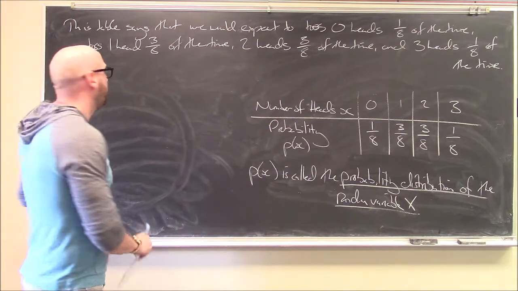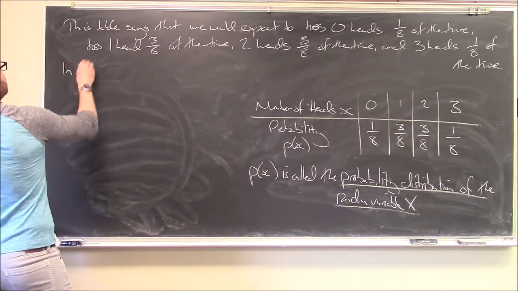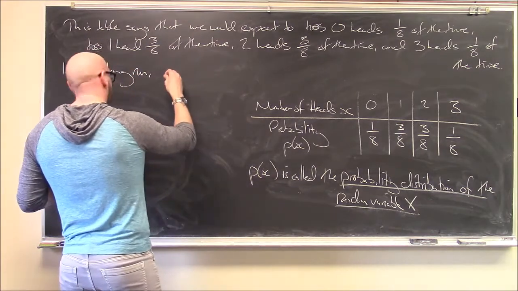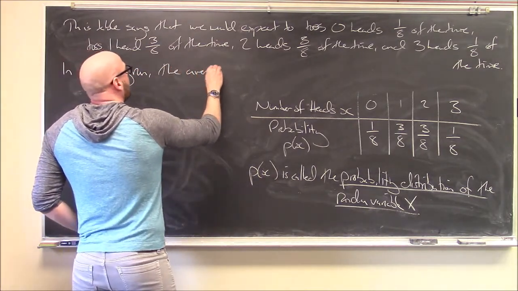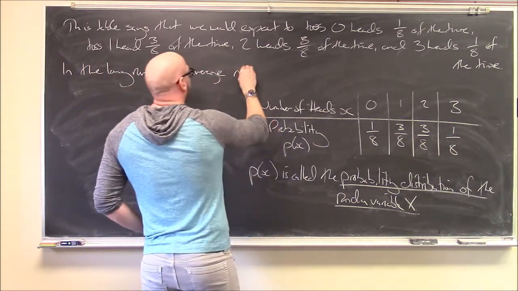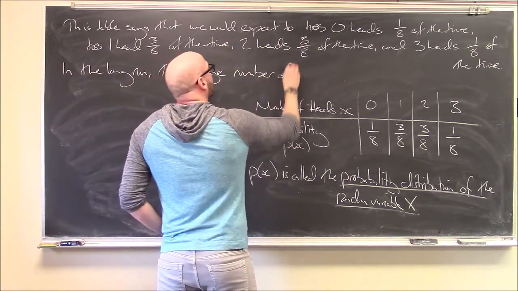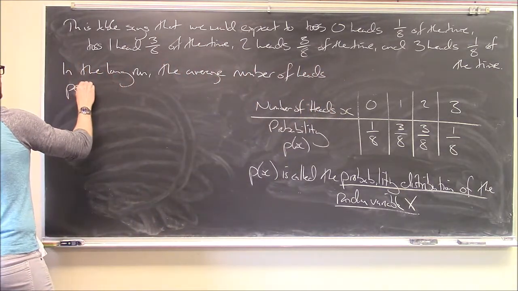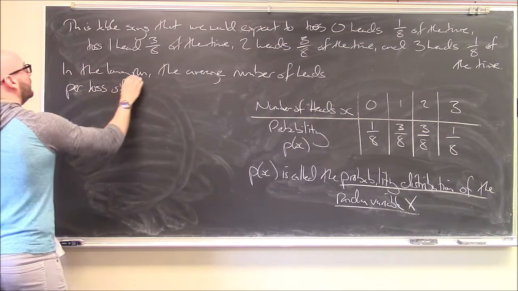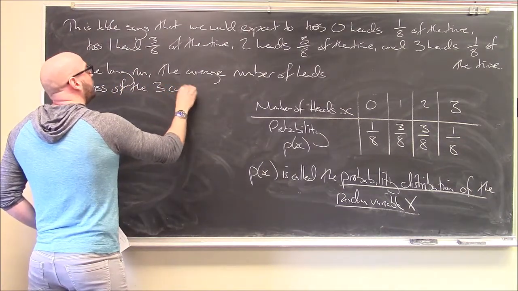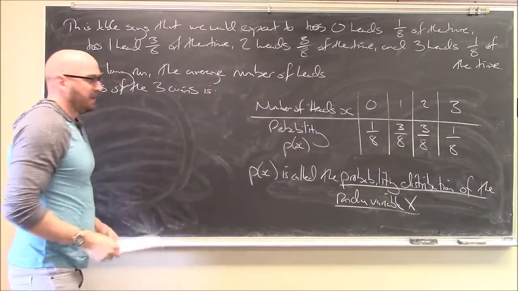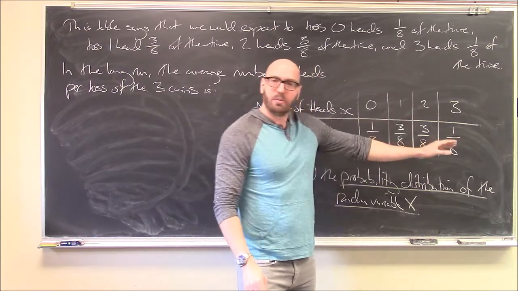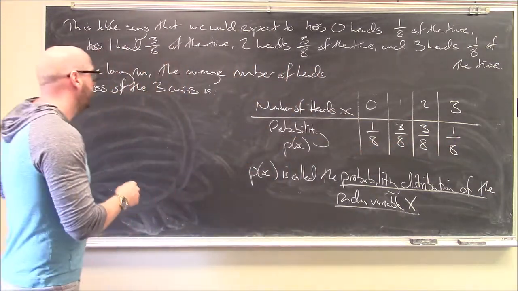So in the long run, the average number of heads per toss of the 3 coins is, well, how would I compute this? Well, I'd probably want to weight the number of heads that I see by its probability, and then just add them all together.